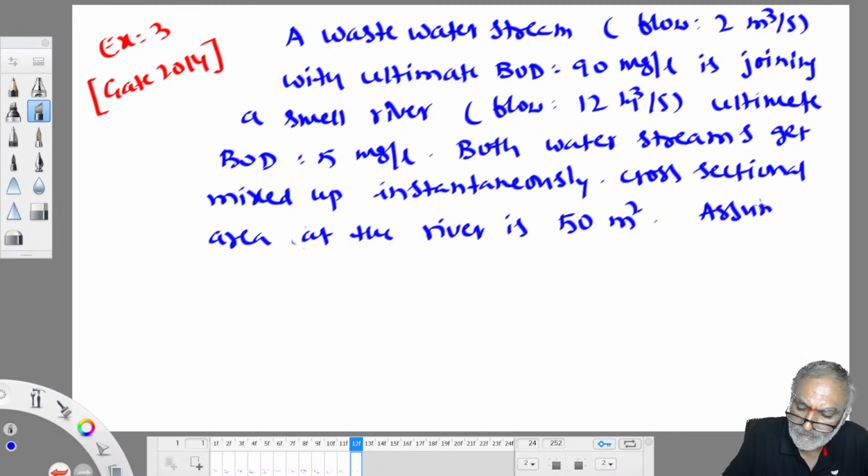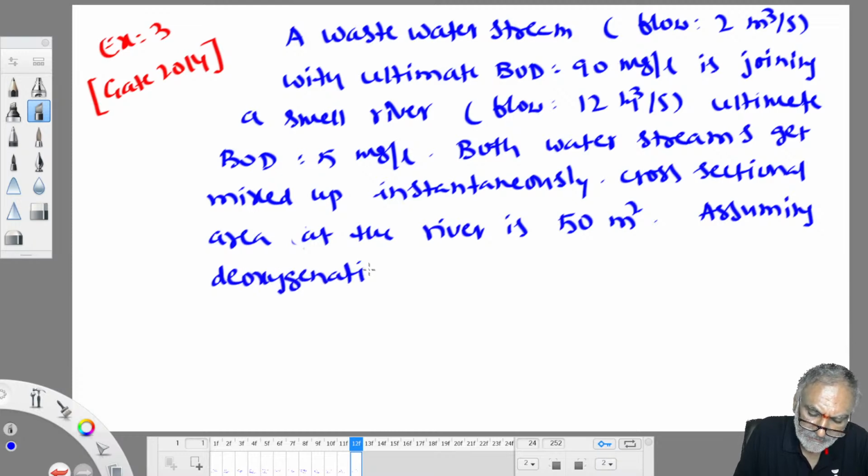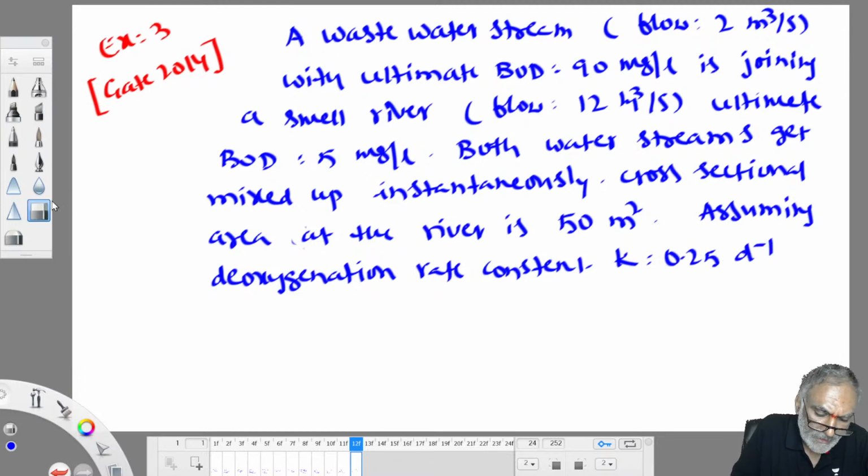Assuming deoxygenation rate constant K is equal to 0.25 per day. As given, per day means day inverse only.